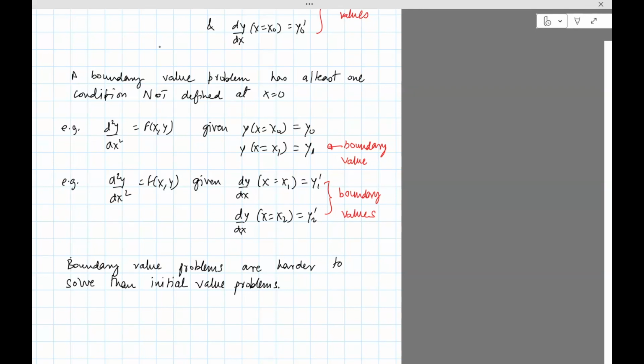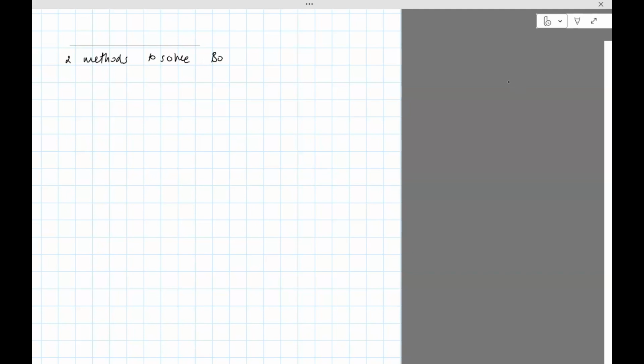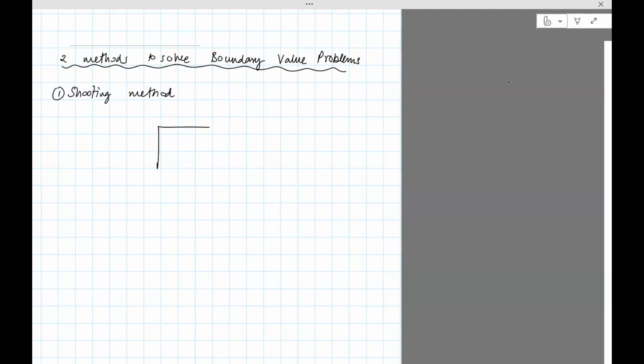Okay, so we will look at two methods of solving boundary value problems. One is the shooting method. I think I best illustrate this way.